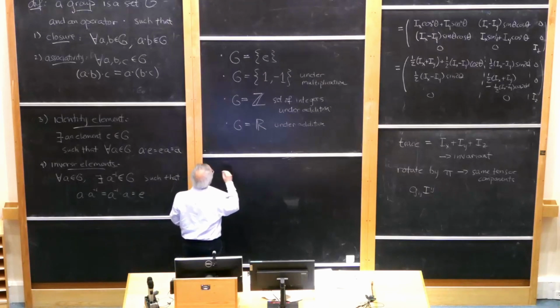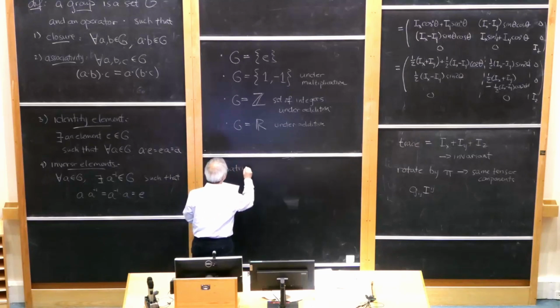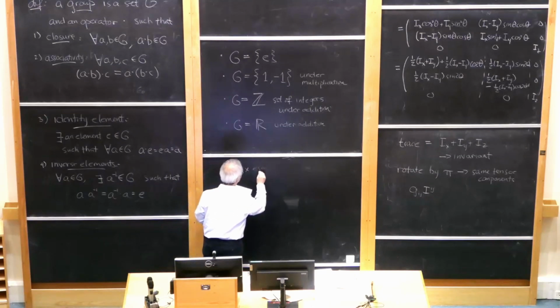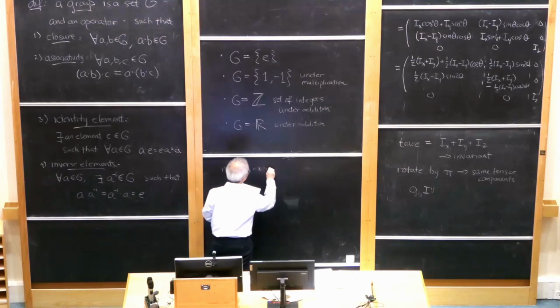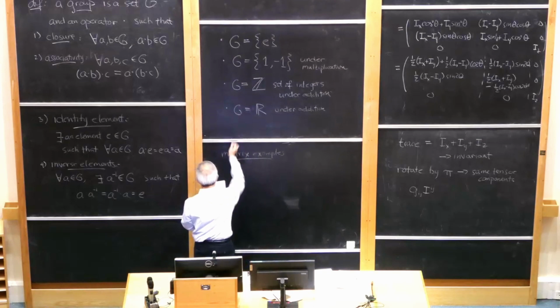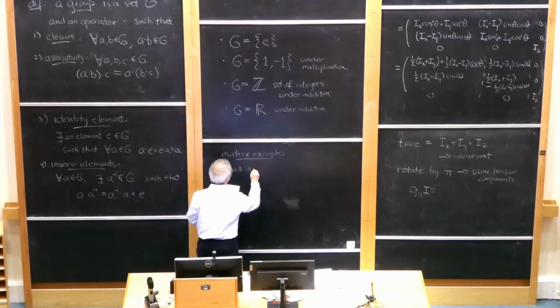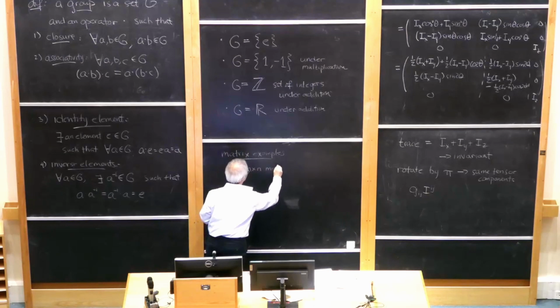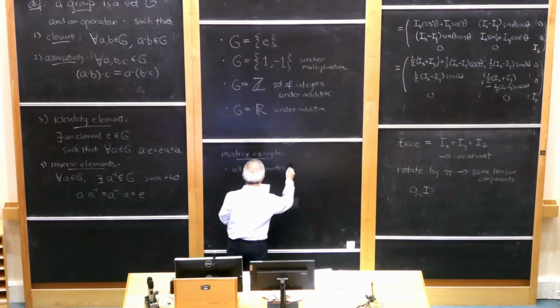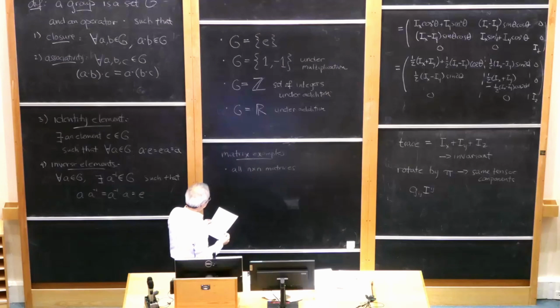Okay, then there are matrices. So these are examples with nice numbers. There are also matrix examples. So sets of matrices, like let's say if you took all n by n matrices. Is that actually a group?